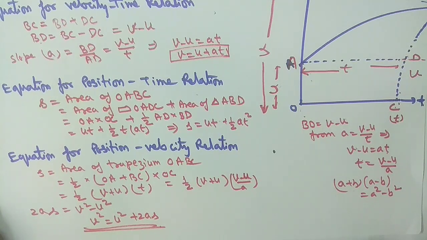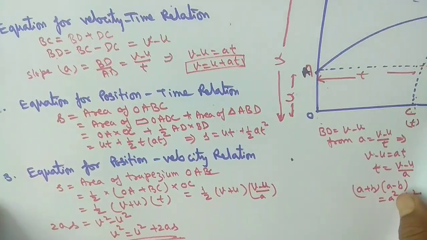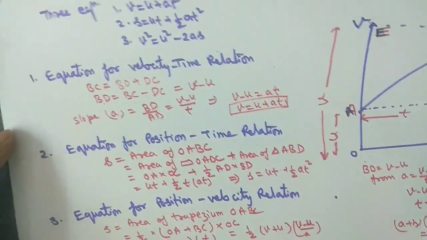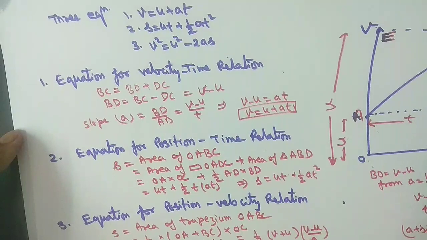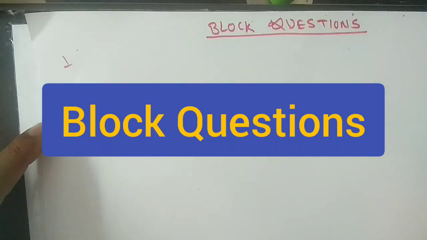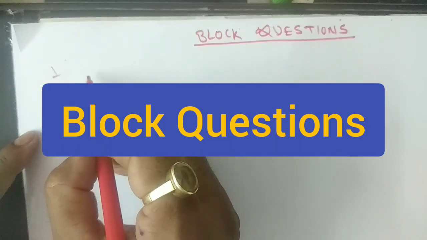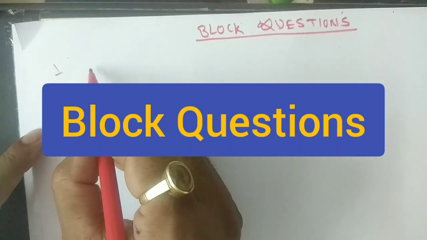So we have discussed all three equations. Now we can also discuss two block questions given just after this topic in your NCERT book. So see the block questions. First block question, I'm writing the values directly. Okay, read the book.